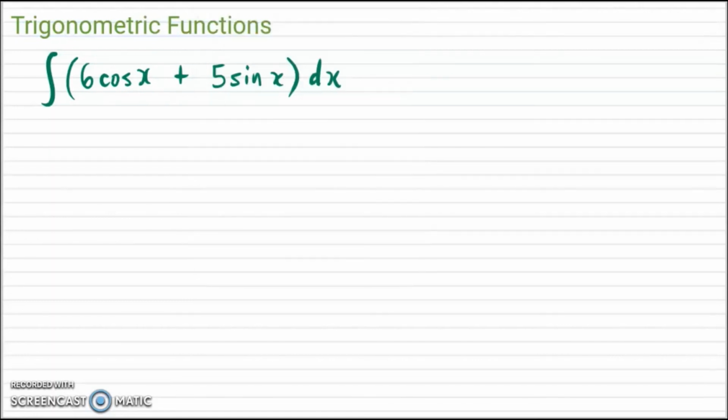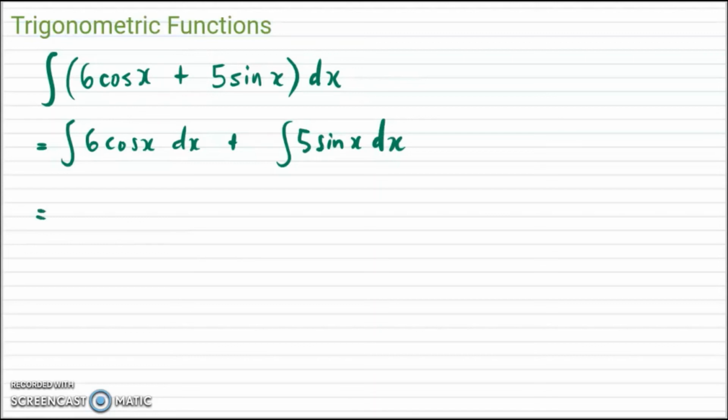Applying the sum rule, we can have this as the integral 6 cosine x dx plus the integral 5 sine x dx. Right? And then applying the constant multiple rule, we have 6 integral cosine x dx plus 5 integral sine x dx.